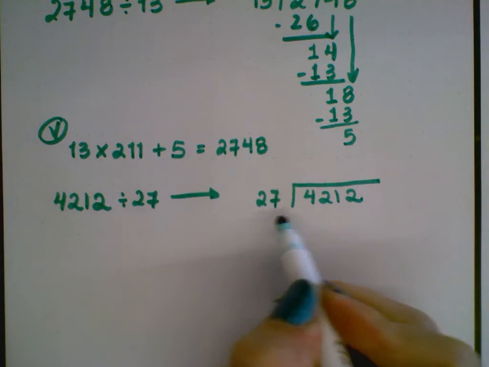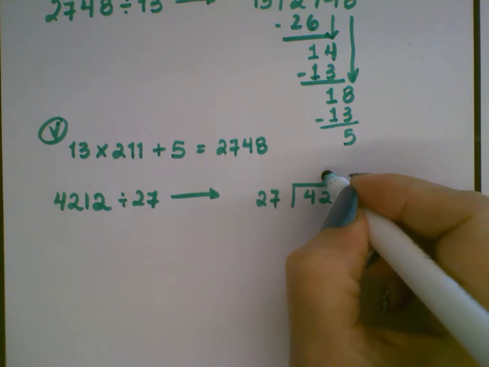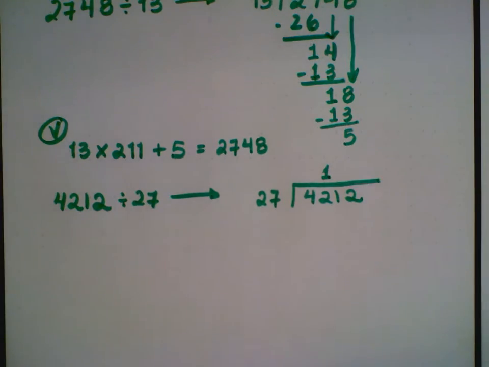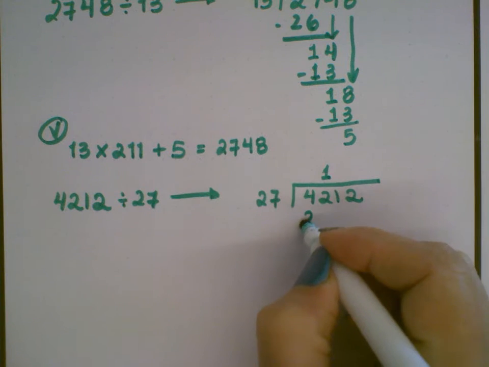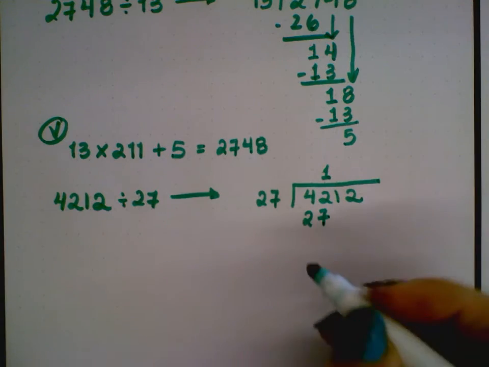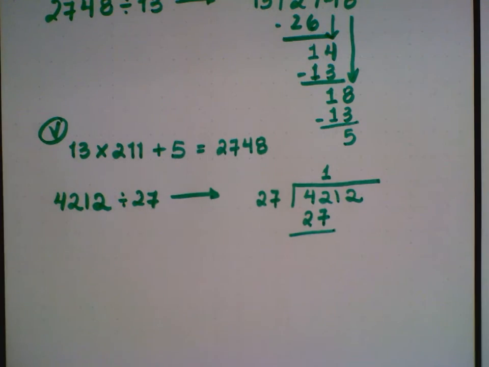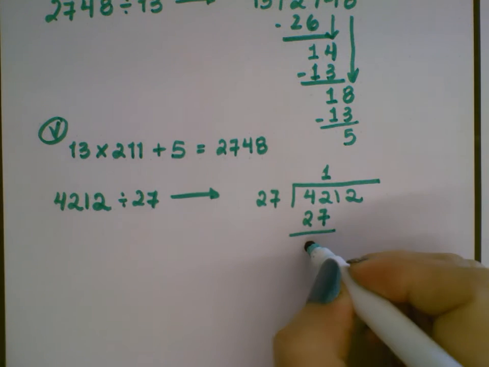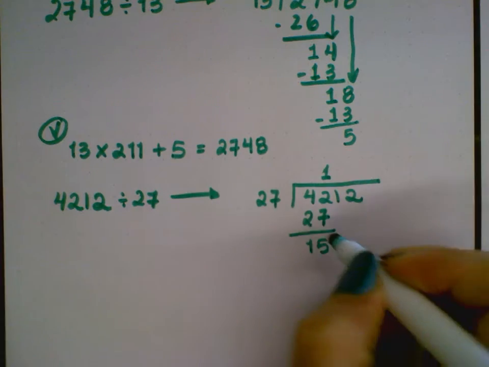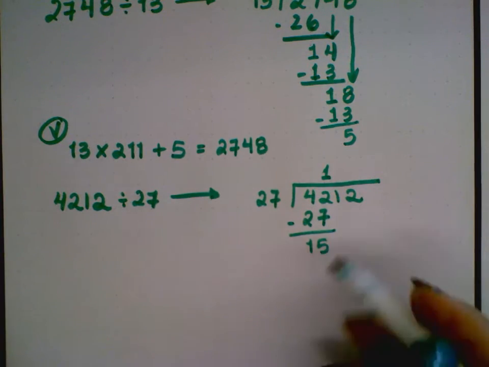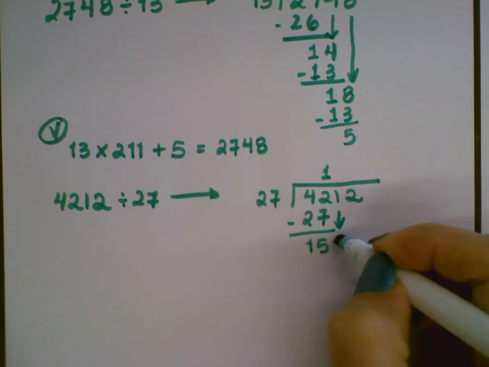How many times does 27 go into 42? Only once. Subtract. That's going to be 15. Bring down the 1.